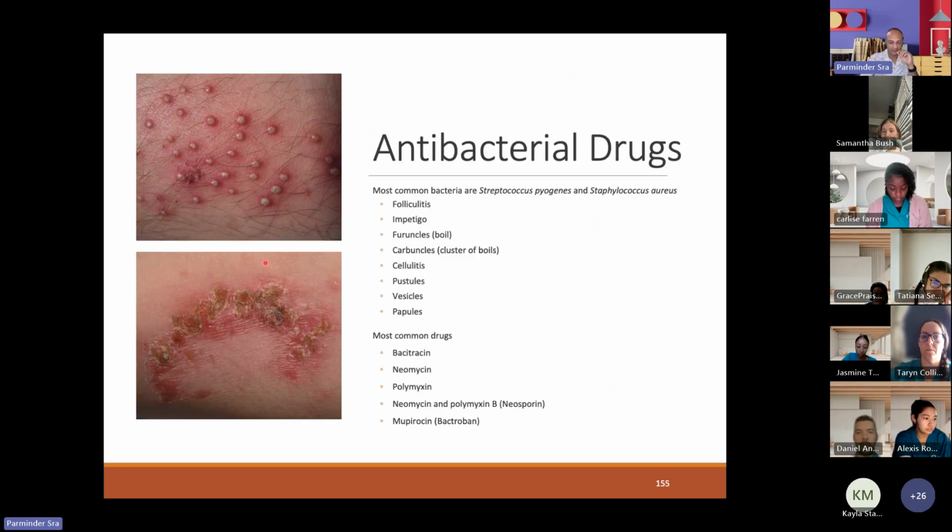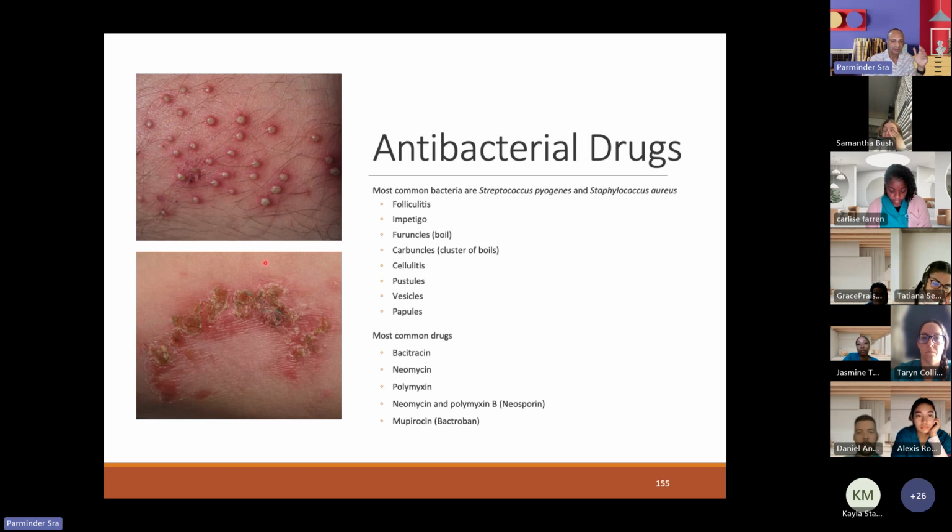The dermatology drugs, there are many different types based on the different issues and concerns associated with the skin. It could be viral, fungal, or bacterial, and that's how you select the medication, based on whatever the cause is.